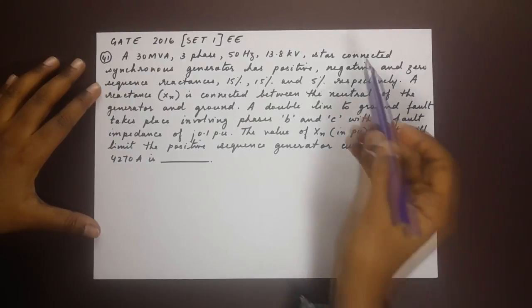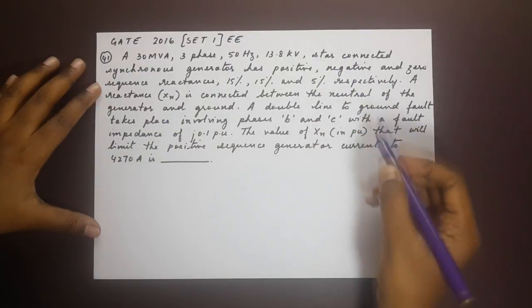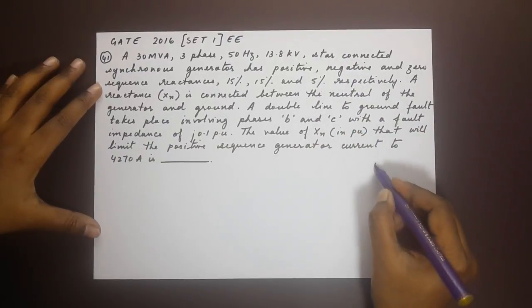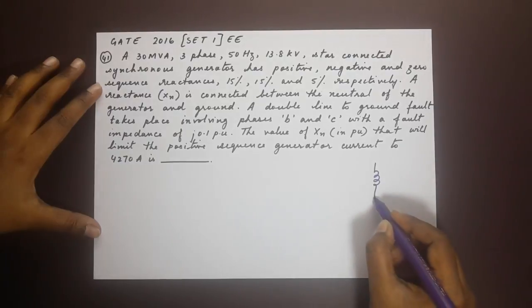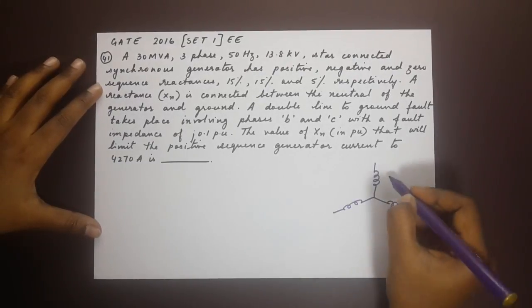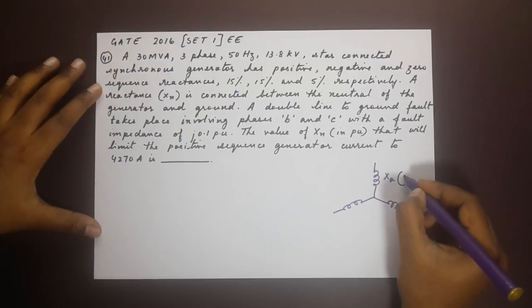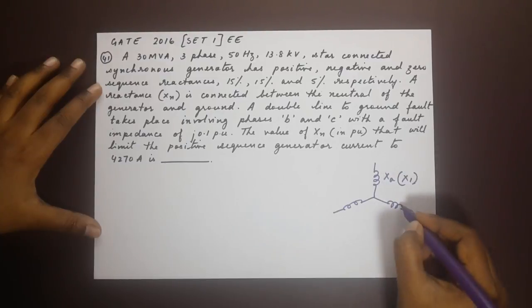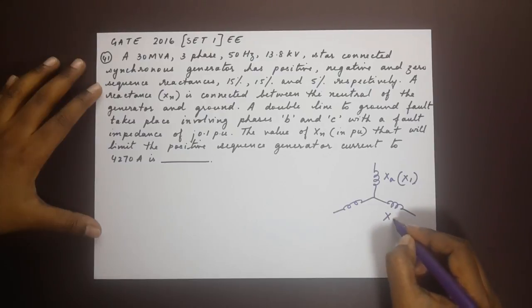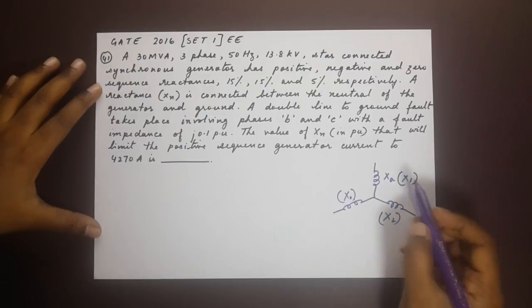Okay, so the first thing we do is we have been told the synchronous generator is star connected. So I'll just draw a rough diagram here. Now let's assume the positive sequence X1, X2 and X0.